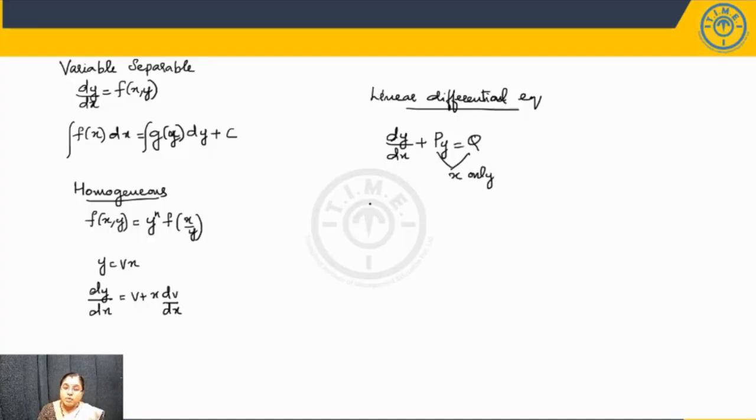In that case, first we'll find the integrating factor, which is written as I.F. equal to e raised to integral p dx, and the solution is given by y into e raised to integral p dx equal to integral of q into e raised to integral p dx. Now integrating this will give the required answer.